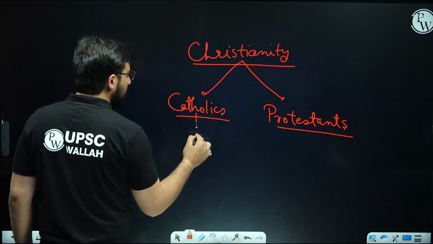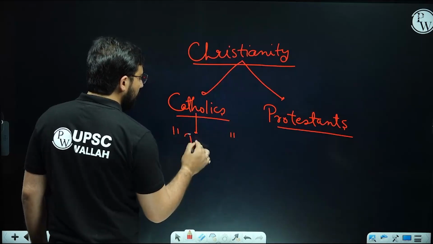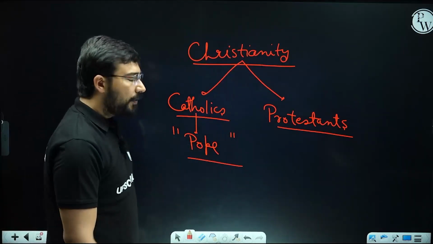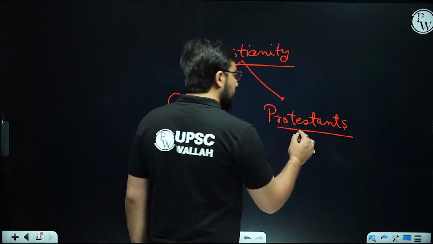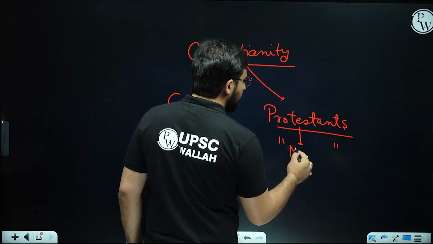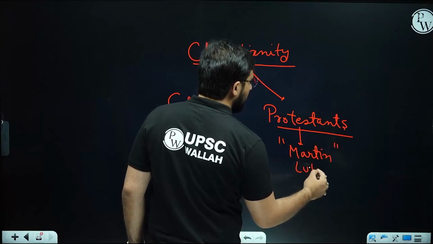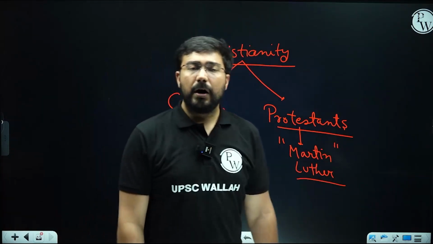Initially, it was the Catholics who were the prominent ones. These Catholics used to believe in the interpretations of the Pope. So the Pope is very important in the Catholic religion. Protestants were the people who kept on asking questions to the Catholic Church. One of the most famous personalities was a priest from northern Germany by the name of Martin Luther.